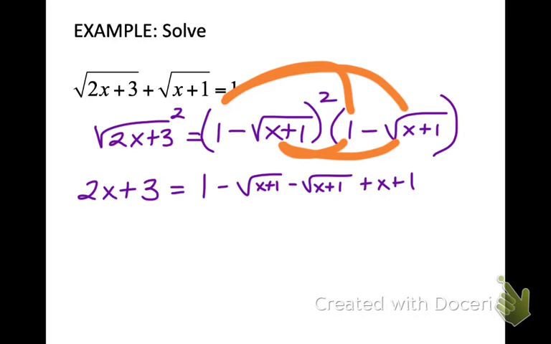You have, you have. All right, so let's combine like terms. 1 and 1 combines to make a 2. Here I have a negative and a negative square root x plus 1, which would be negative 2 square roots of x plus 1. And here I have a plus x.